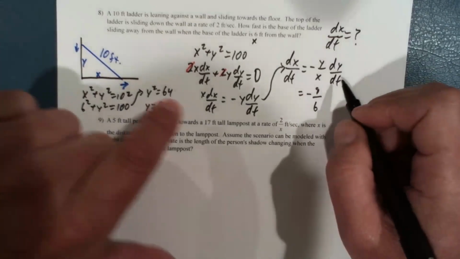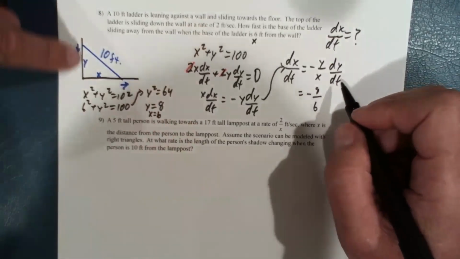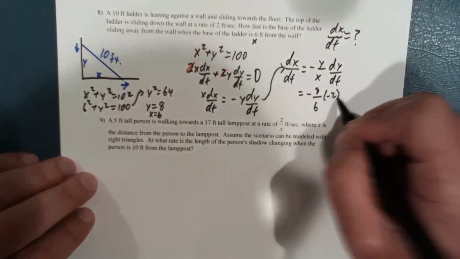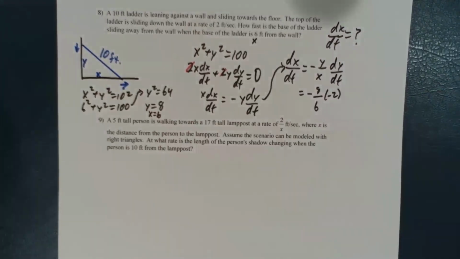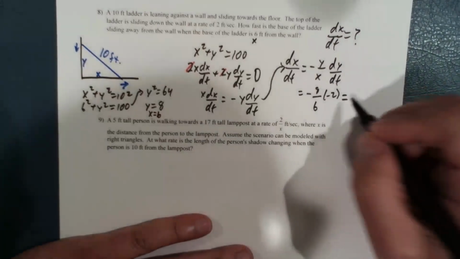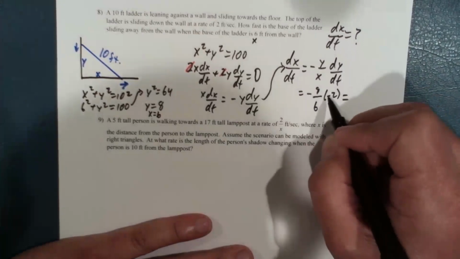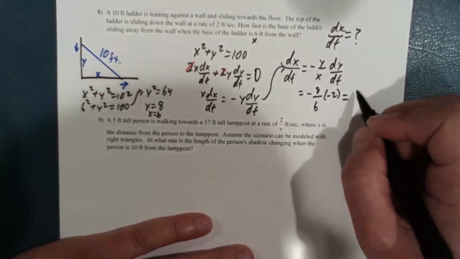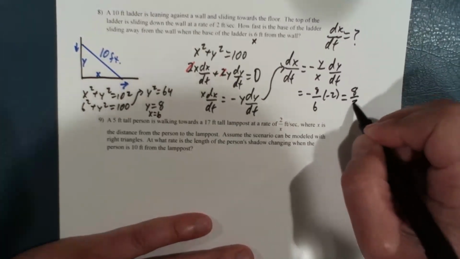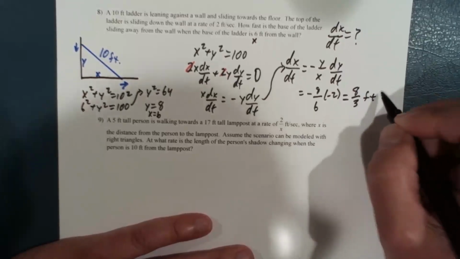And dy dt is a negative 2, because remember it's going down. And that is going to reduce for us. Now that becomes a positive, and negative times negative is a positive. And so that reduces down to 8/3 feet per second.